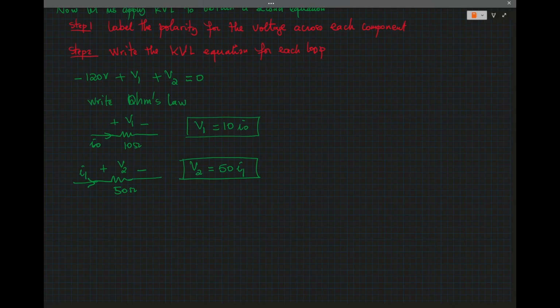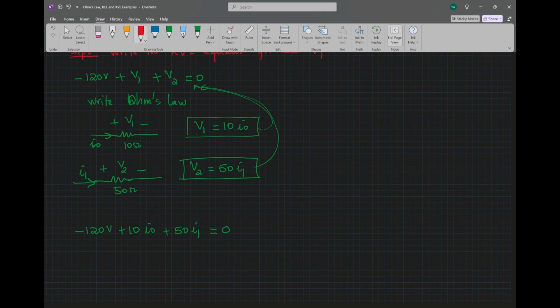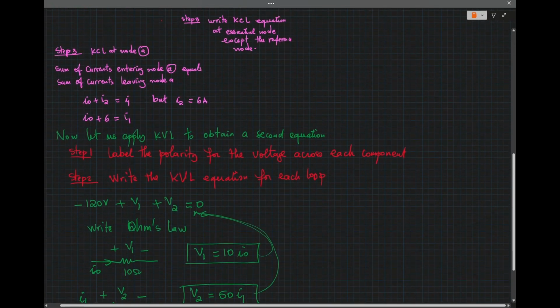So I'm going to take these two and substitute in this equation. So negative 120 volt plus 10 I0 plus 50 I1, that is equal to 0. So that gives me my second equation. I have the first equation here.